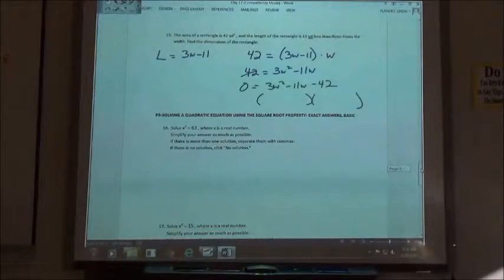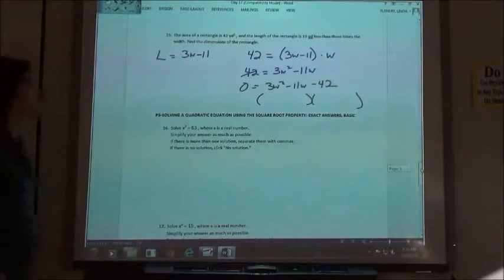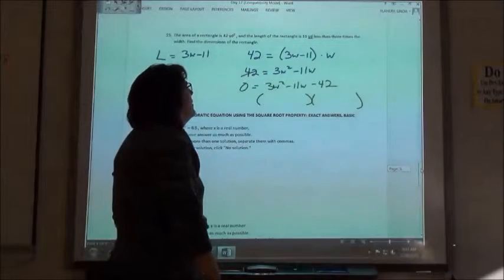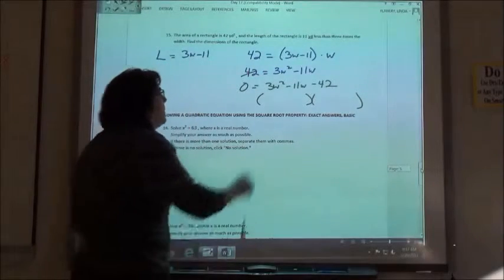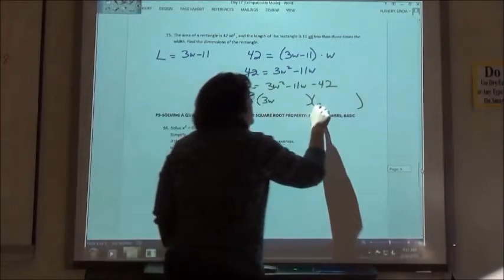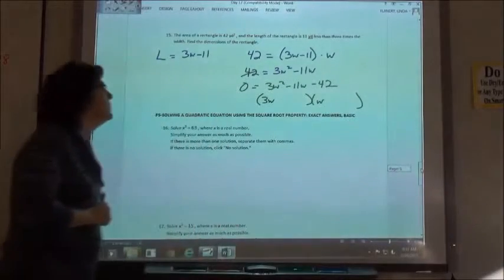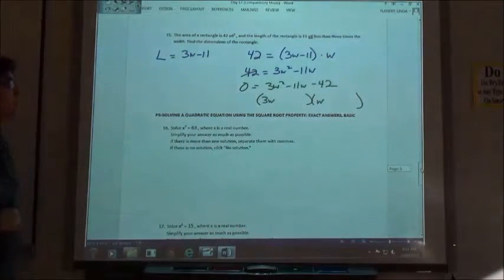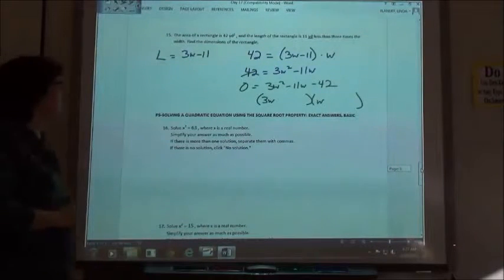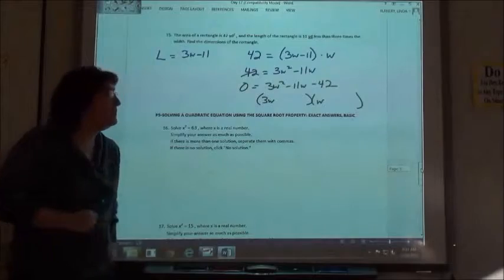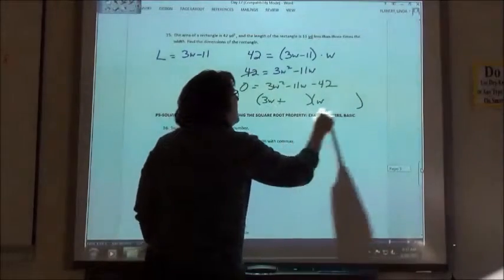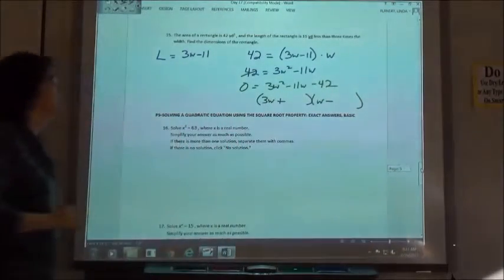How do we factor? 3W and W, with a positive and a negative.